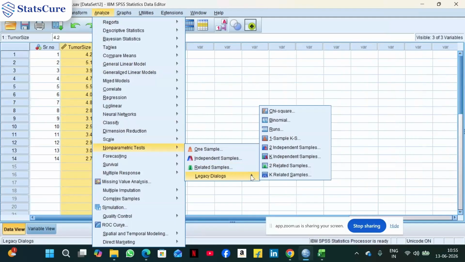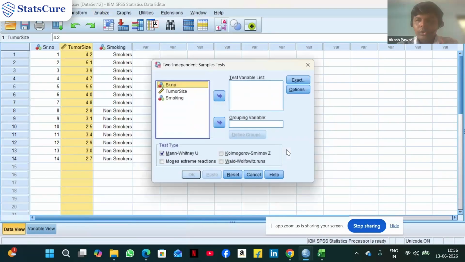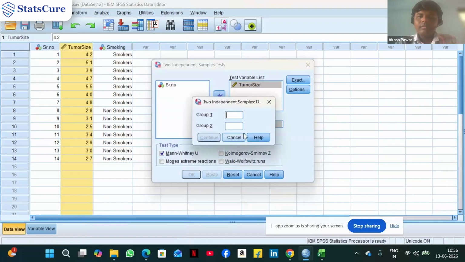Two independent samples tests. So as it was the independent t-test, this is the two independent samples Mann-Whitney test, you can say. Grouping variable: smoking. Define.